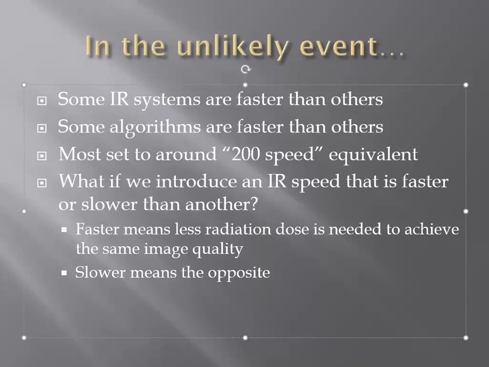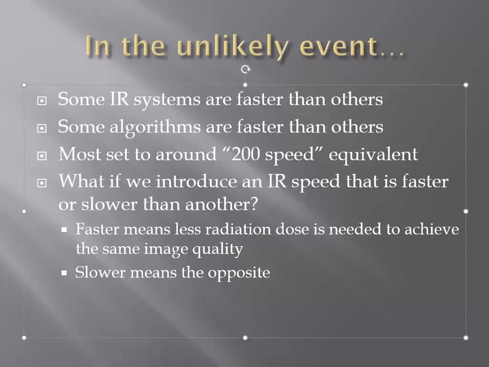So what a faster image receptor system means is that it's more sensitive. A 400 speed system is more sensitive to radiation exposure than a 200 speed by a factor of 2. So the faster the image receptor, the more sensitive it is, and the less radiation dose it needs to achieve the same amount of equivalent exposure and image quality.